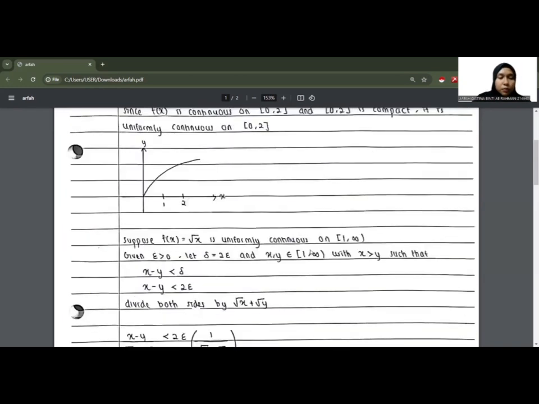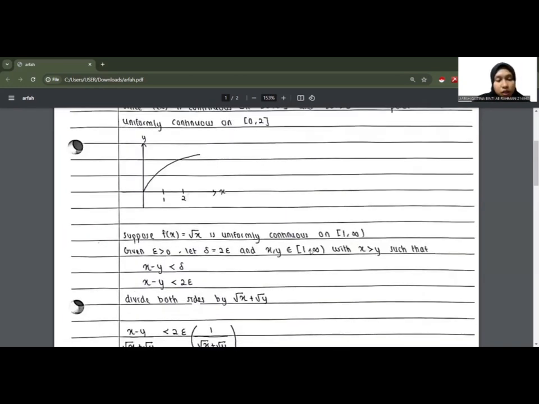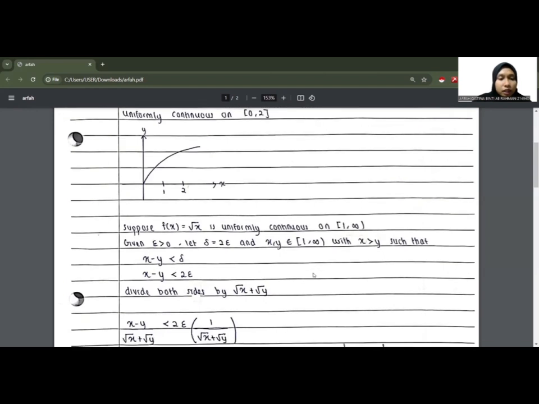Then we show that suppose function f equal to square root of x is uniformly continuous on [1, infinity). Given epsilon greater than 0, let delta equal to 2 epsilon, and x, y are elements of [1, infinity) with x greater than y such that x minus y is less than delta.